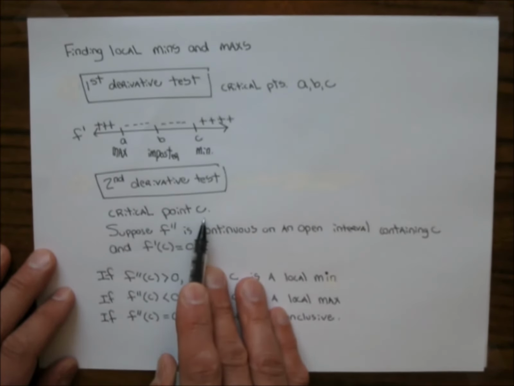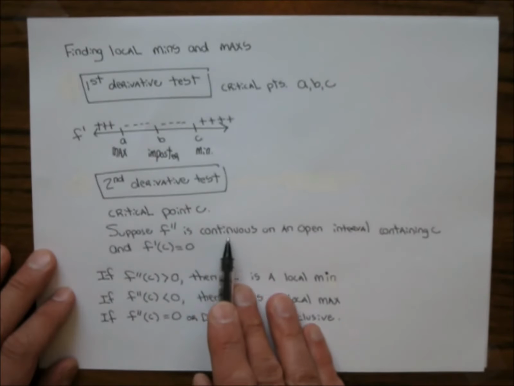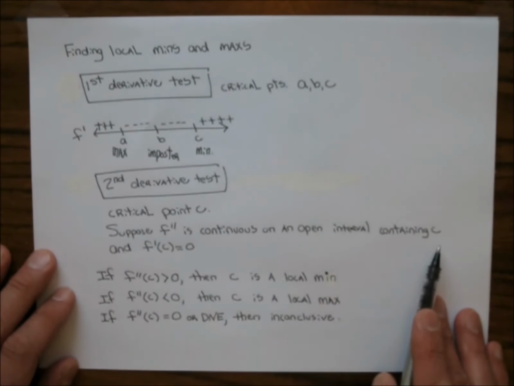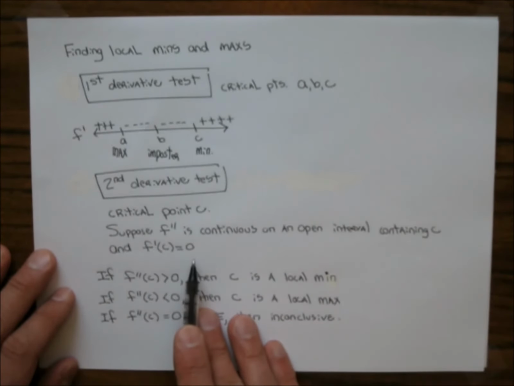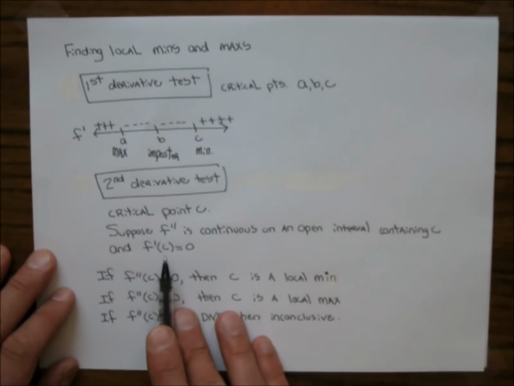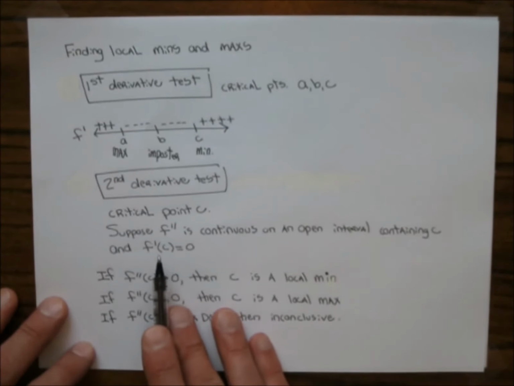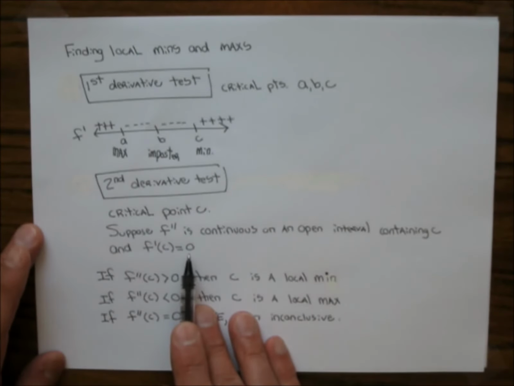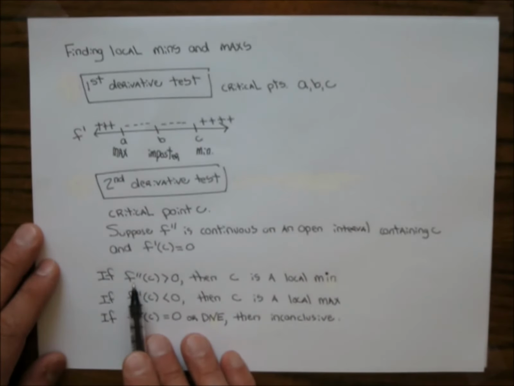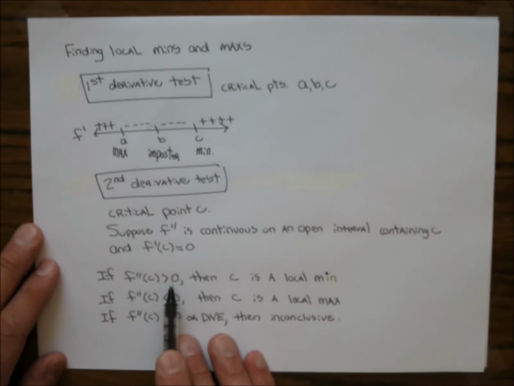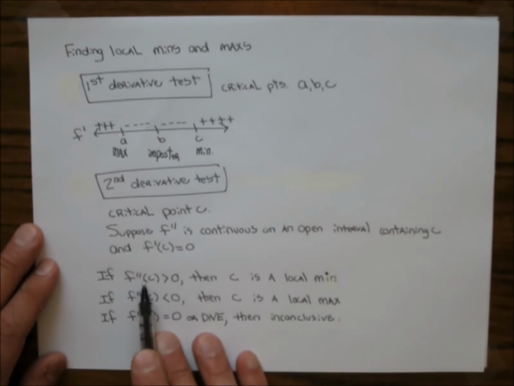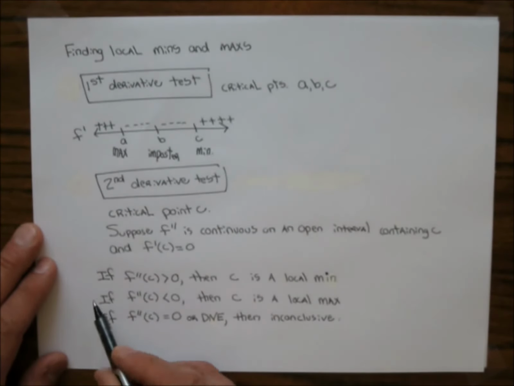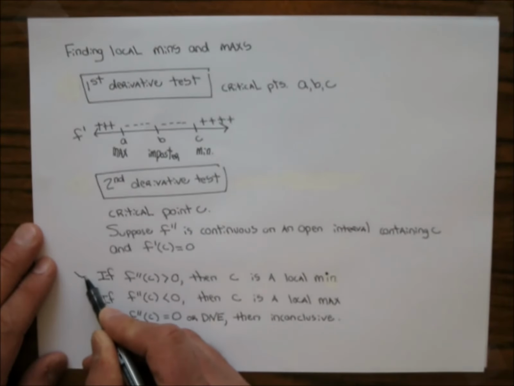Suppose the second derivative is continuous on an open interval containing C and that f prime of C is 0. So it has to be a critical point that is gotten by zeroing out the derivative, not making the derivative undefined. It says if the second derivative is greater than 0, which really means it's concave up, doesn't it?